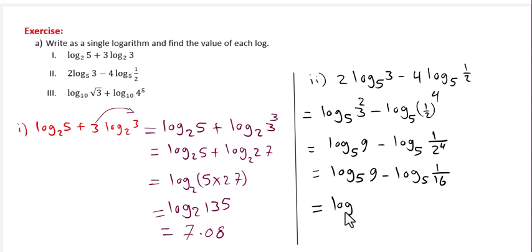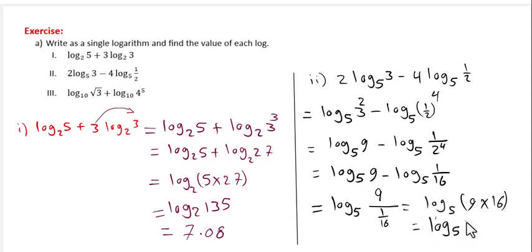So it will be log to base 5, and here we have 9 over 1 over 16. I need to modify this one. So log to base 5, and here we have 9 multiplied by 16, and that will be log base 5 of 144.